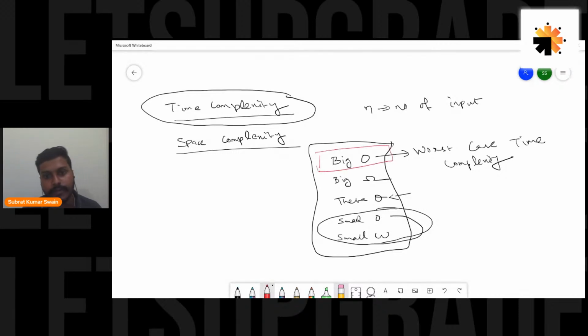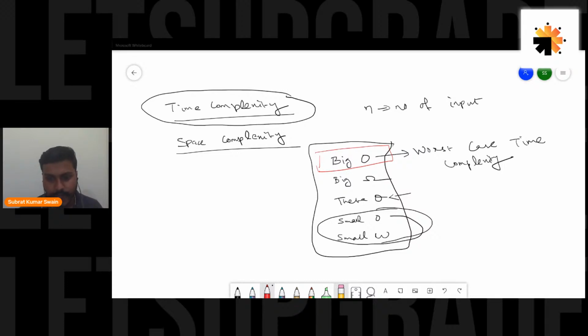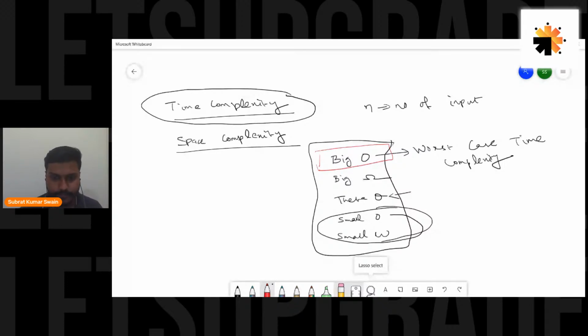So let's proceed with some time complexities which we come across. Let me clear the screen and I'll give some examples here. I hope this point is clear. Any doubt, guys, up to this point?